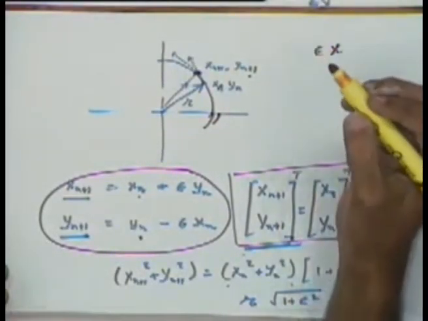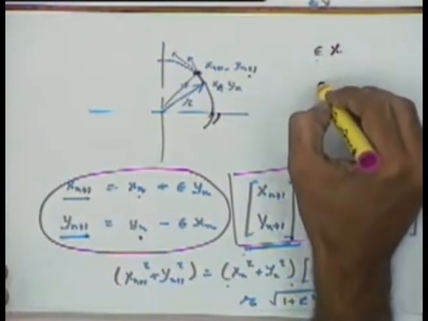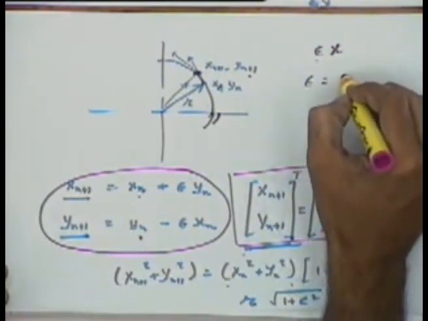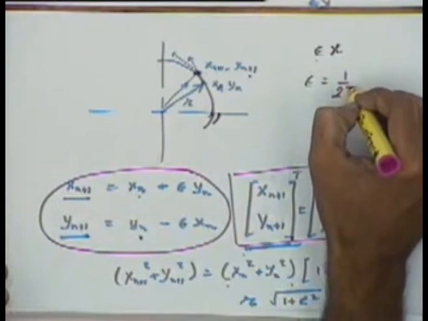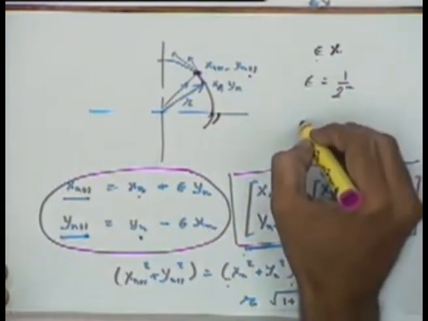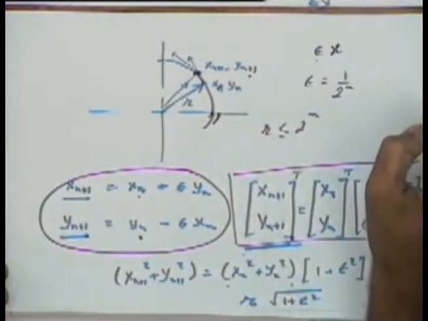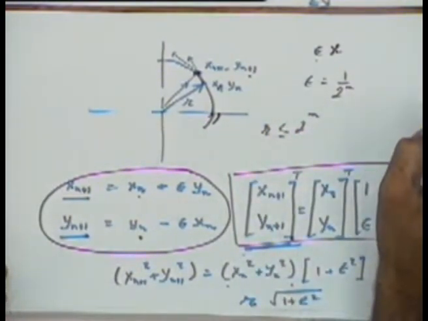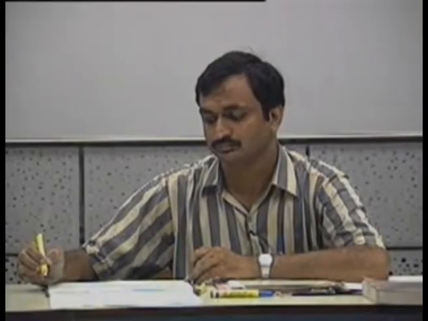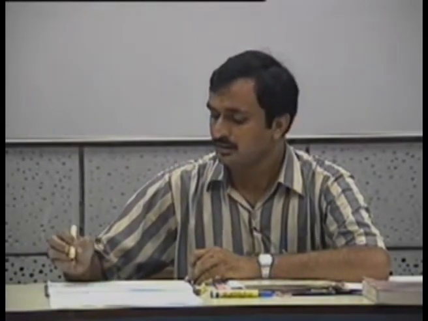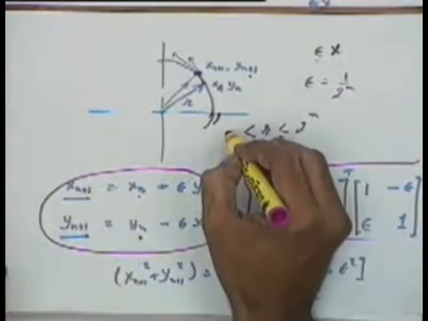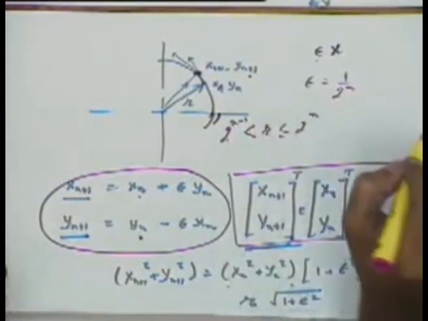So one criterion we can use is to take epsilon equal to 1 over 2 to the power n, such that 2 to the power n is just greater than r, and r is greater than 2 to the power n minus 1.